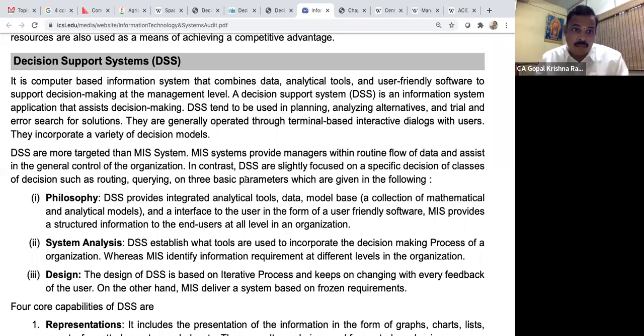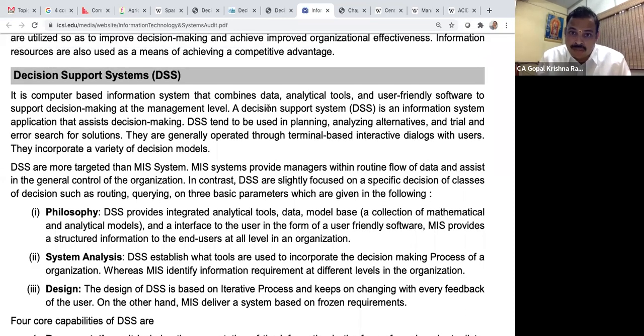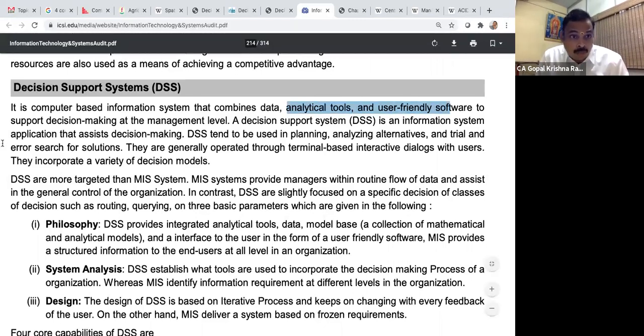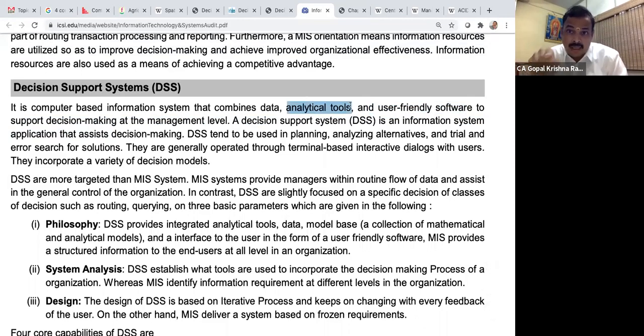That is very important. So you have the data, and you have the tool. The tool is whatever software you are using, a user-friendly software to support decision making at the management level. In that software, whatever modeling you do, that modeling is your brain.